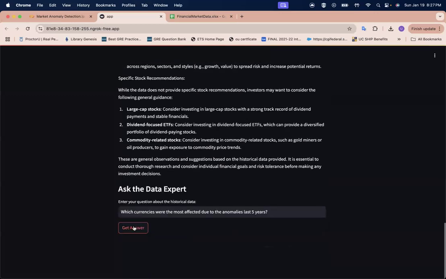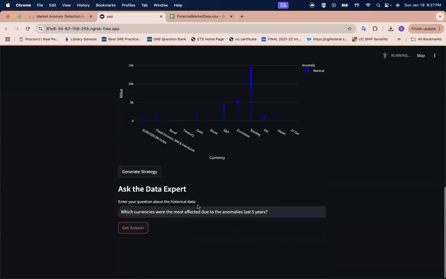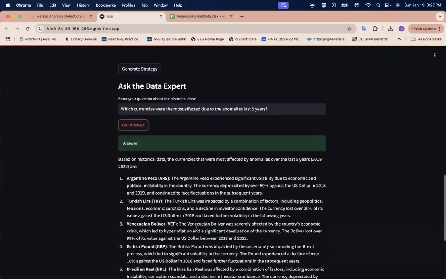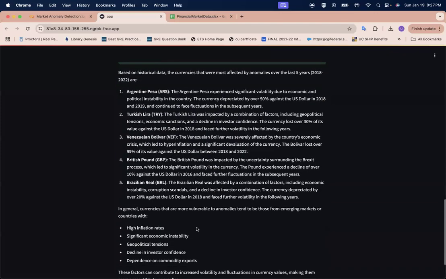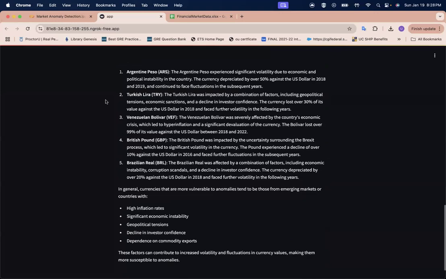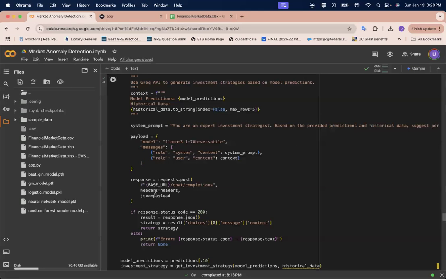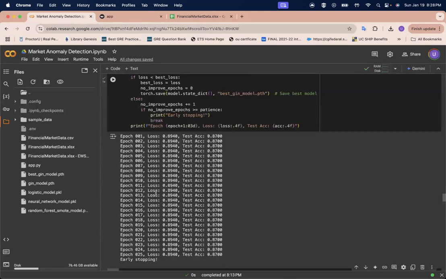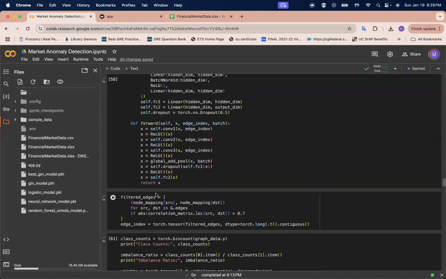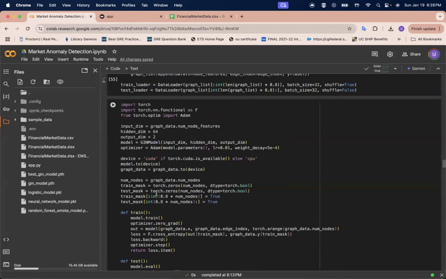And then you can also ask it a question where it'll give you information on the currencies that were most affected due to the anomalies from last year. So based on our GIN model, it predicts that the peso, Turkish lira, Venezuelan bolivar, British pound, and Brazilian real are the most affected. So this is based on the time series information as well as combined with some of the previous models' predictions.